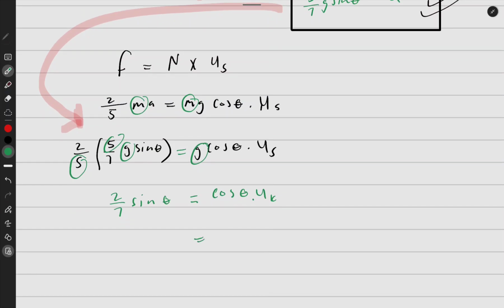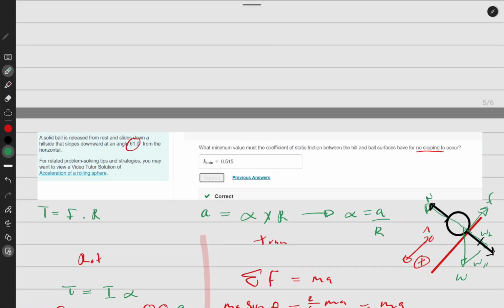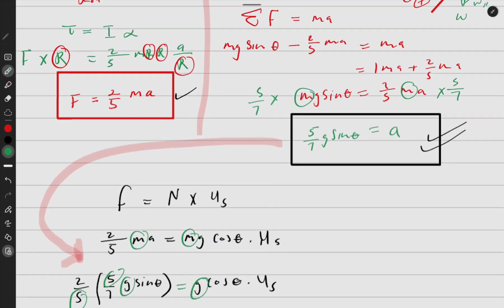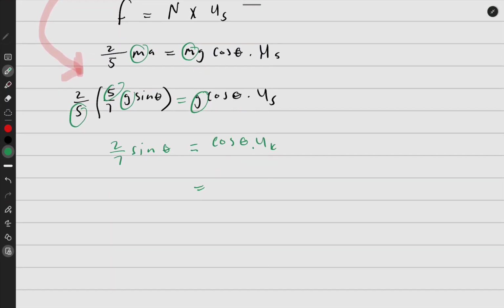And remember, I'm trying to go back to the question, I'm trying to find the minimum value of static friction. So this is what we are interested in. So let's go back to our problem, solving for mu. So we're just going to multiply by 1 over cos theta both sides. Okay, and now what are we doing?